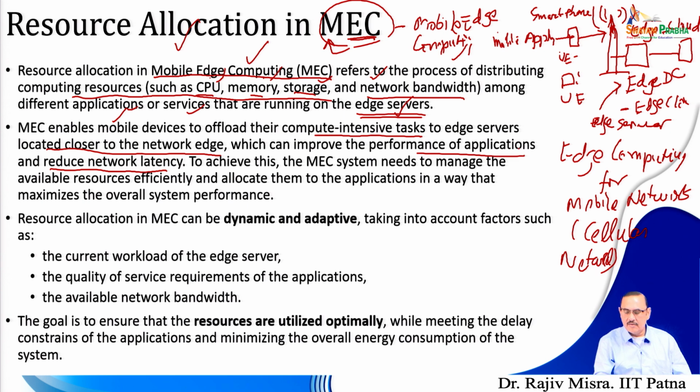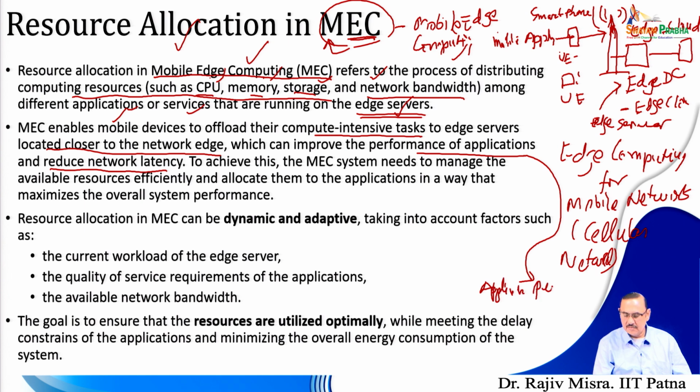So, two important reasons why we need help from edge computing are to offload these compute intensive tasks to the edge servers, which can improve the performance of the applications.